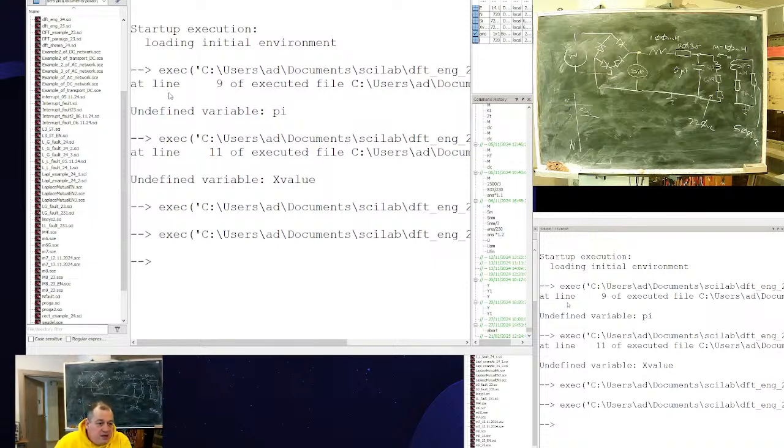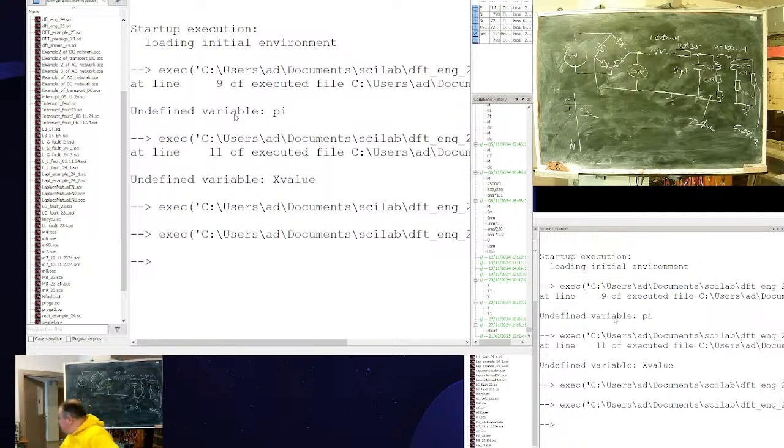Let's magnify it. What's the value of this point? Okay, 14.1.